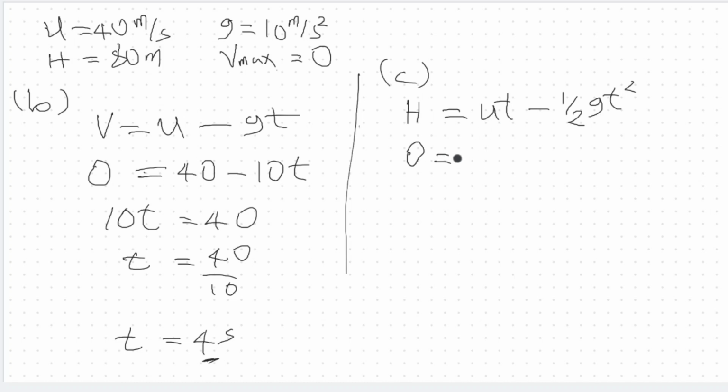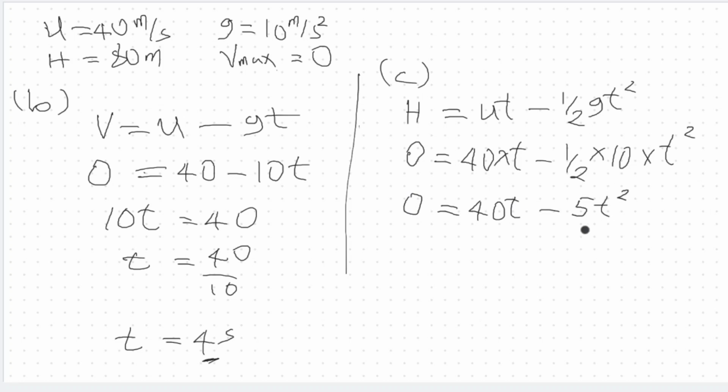Then we'll have u, which is 40, times t, okay, minus half times 10 and then times t square. Okay, so 0 equals 40t minus half into 10 will give us 5t square. So I'll move this minus 5t square across to the 0.